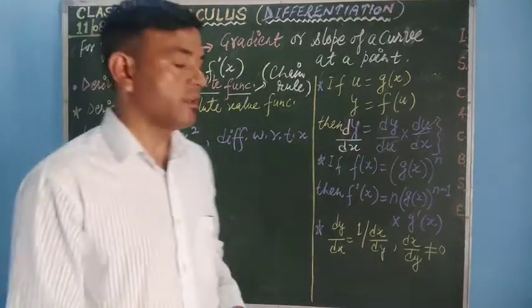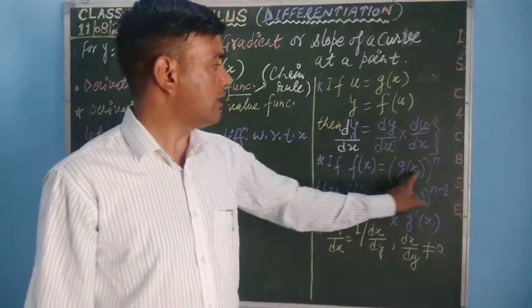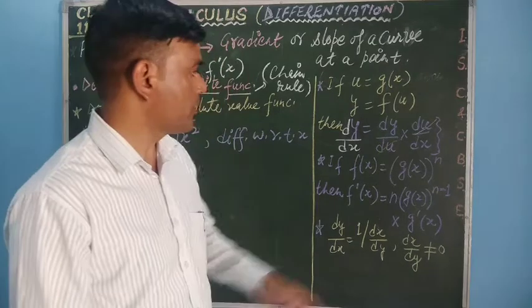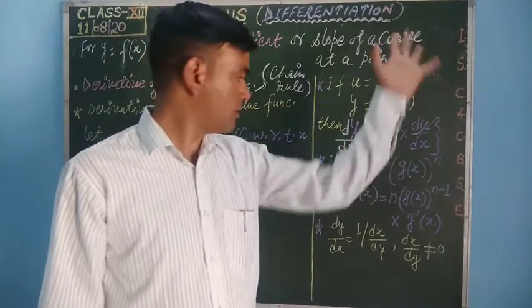Similarly, when a function is given as f(x) = (g(x))^n, this we have already studied in class 11th also. Here the power n may be 1, 2, 3, 4 or greater.